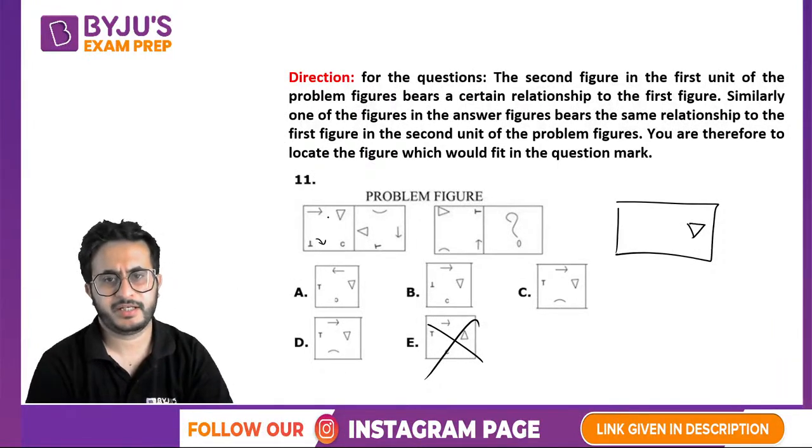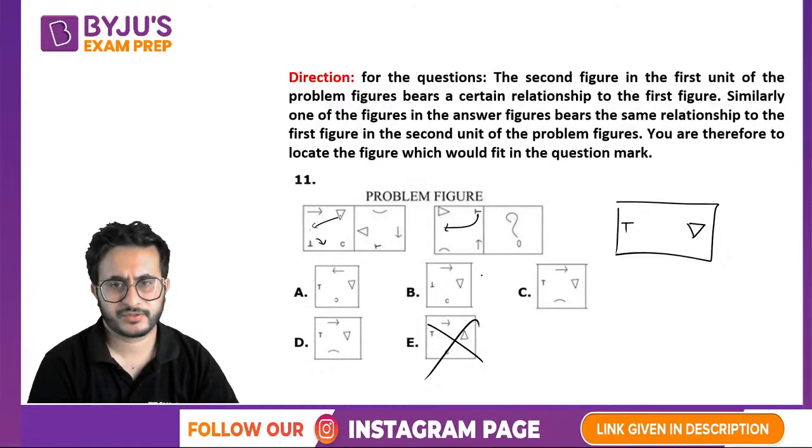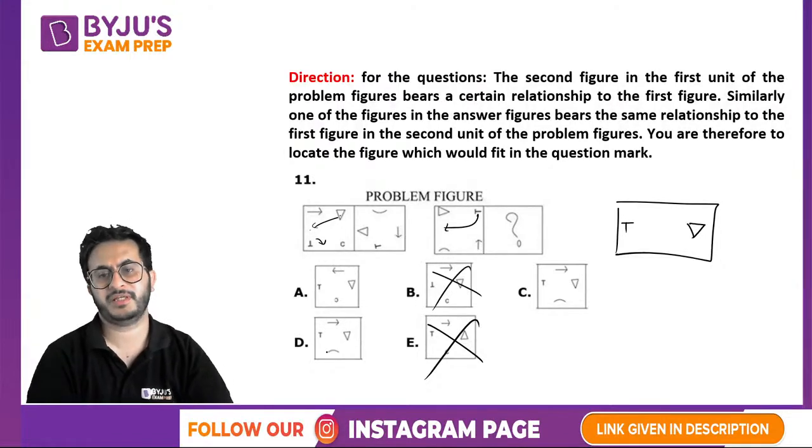Or let's see other elements. This triangle came this side with 90-degree rotation. So this T should come like this, and it should be T like this. Okay, so that eliminates option B.